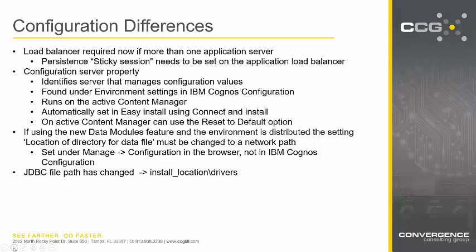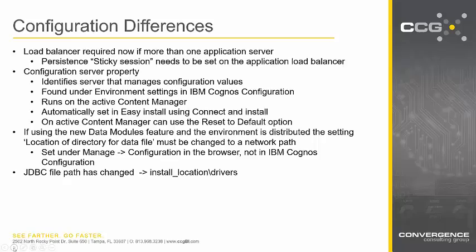What happens is they get put in the data files location on the Cognos server. That's not a shared location, so you need to change it. If it's just a single app server, then you're fine, but as soon as there's a second one, it needs to be changed.